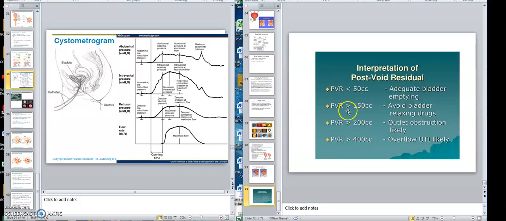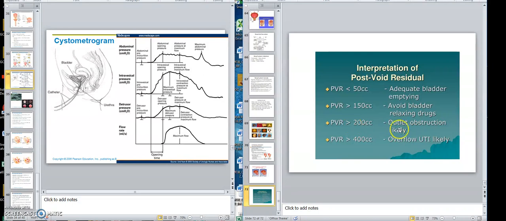If it's greater, let's say 150 cc's, then it might be due to many different things. It could be the benign prostatic hyperplasia, but in this case, you don't want to use bladder relaxing drugs, because they make it worse.